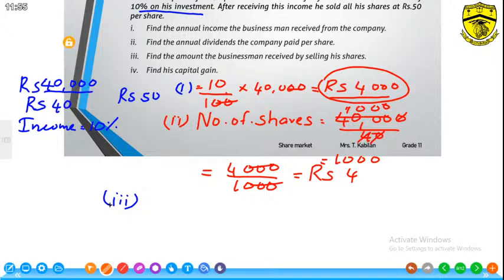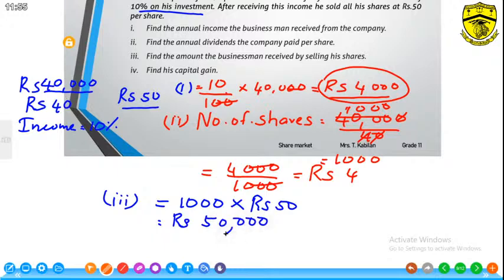The question says he sold all the shares when the market price increased to rupees 50. So multiply by the number of shares: 1,000 by the selling price, rupees 50. You will obtain rupees 5 into 1, add the zeros, so rupees 50,000 is the amount received by selling his shares, right?